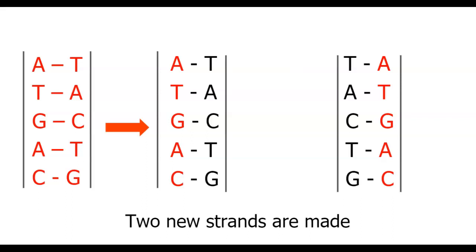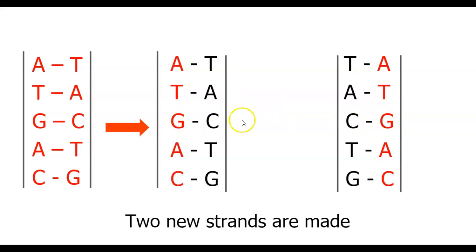So let's take a look. Here's our old strand before it split up. The red is the old part, the black is the new part. What do you notice about these 2 molecules? They're the same. This has a T and an A, this has an A and a T. This has a G and a C, this has a C and a G. They're reversed, but that doesn't matter.